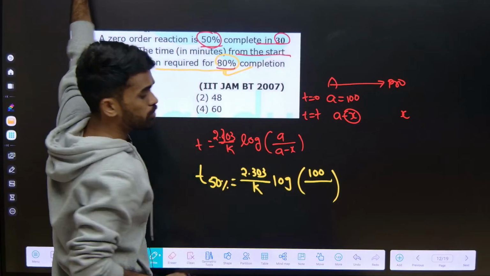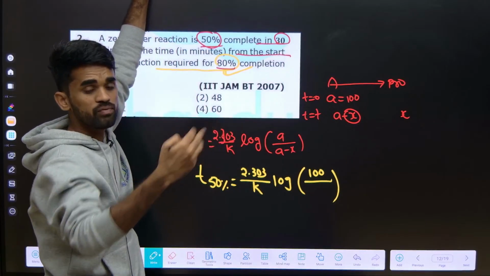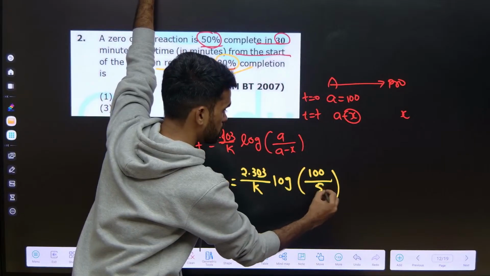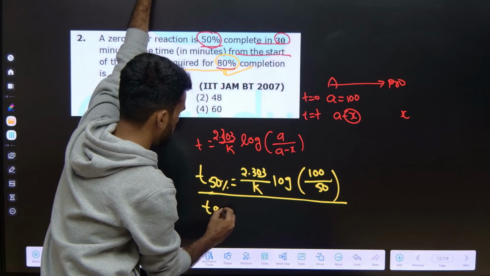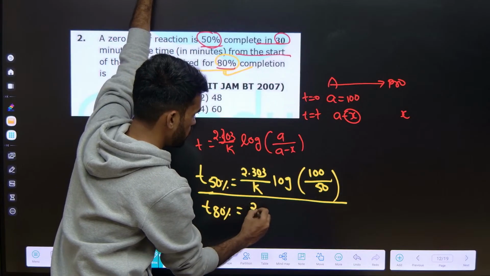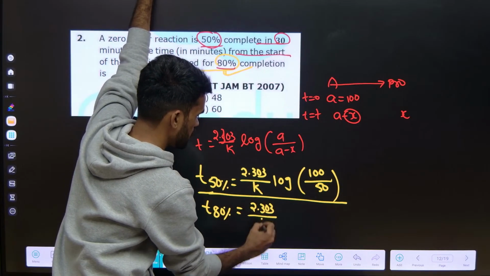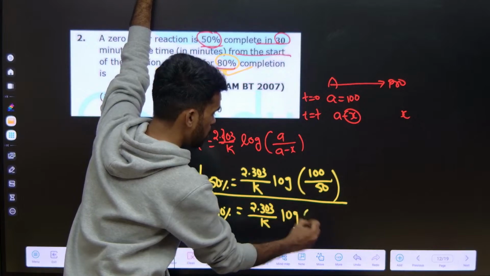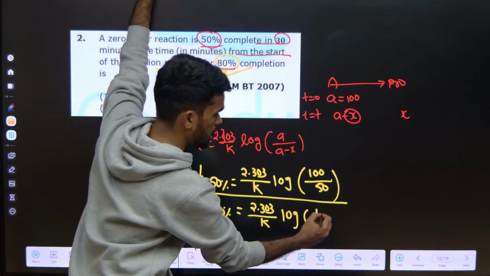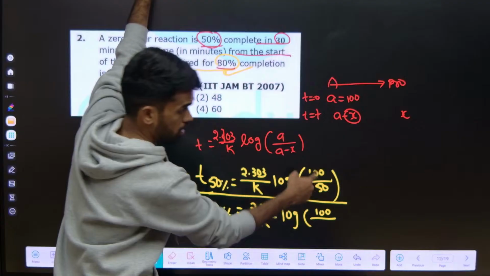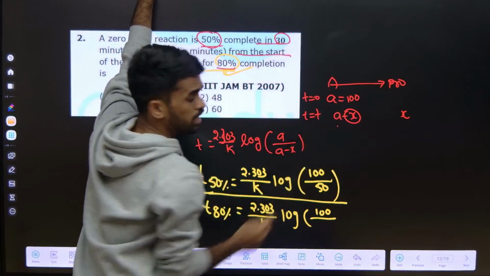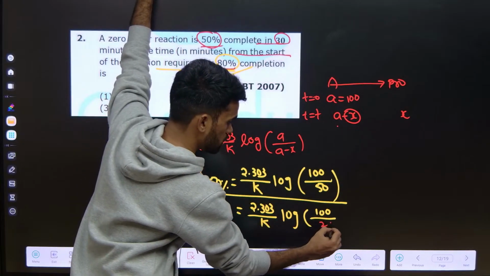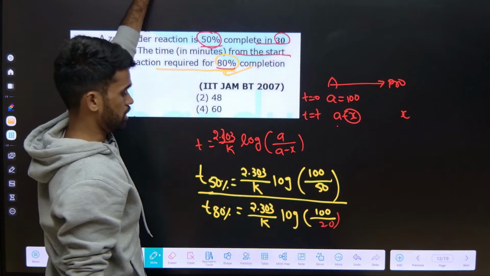A minus X will be 100 minus 50, that is 50 remaining, divided by... and one more, T 80% will be 2.303 by K log, how much? Initially 100, and 80 is completed, so X is 80, 100 minus 80 will be 20. Up to here it is done.